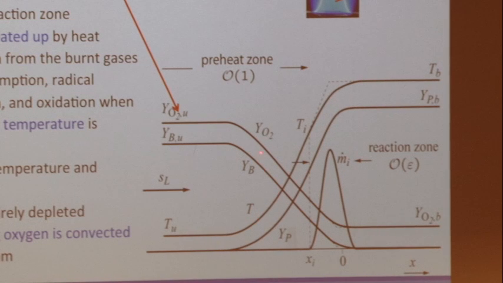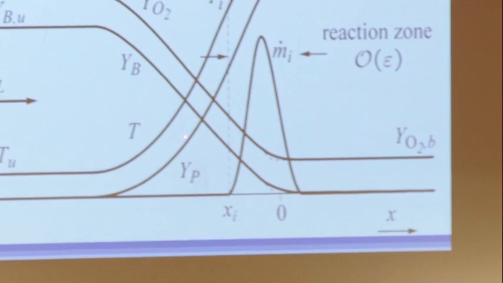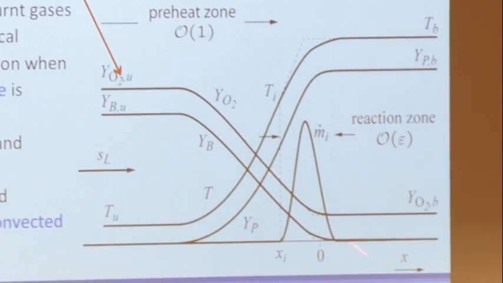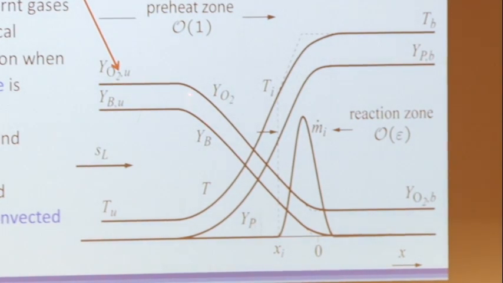unreacted gases. At the same time, because the fuel and air are consumed in the burned, or let's say for a lean flame the fuel would be consumed, maybe there's some oxygen left over, but it's much smaller than what you have in the unburned. There's also a gradient of the reactants, and you have the reactants diffusing into the front.